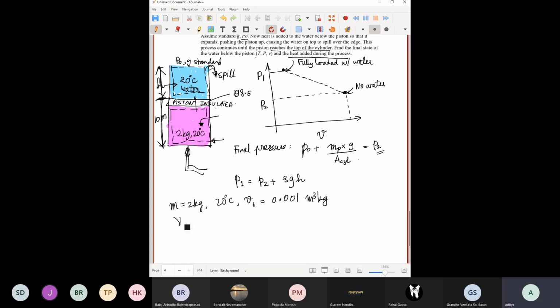So the initial volume will be what? This will be the mass over the specific volume, so it will be 2 over 0.001.